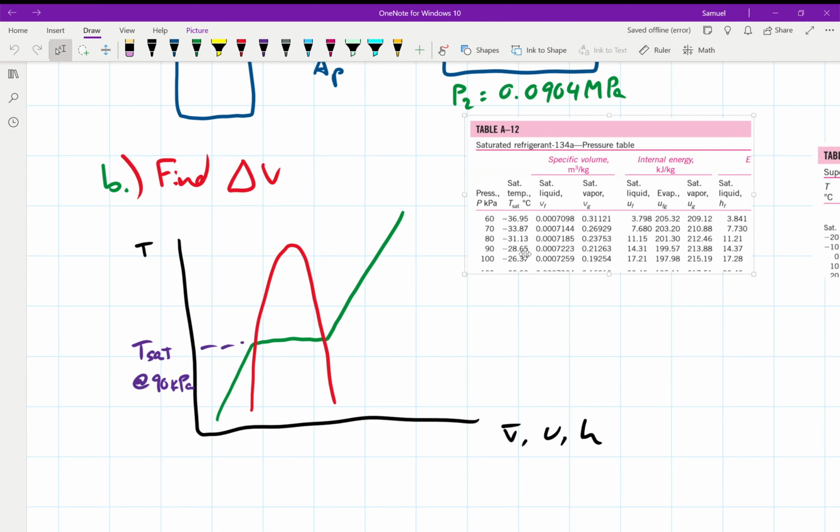And what we're seeing is that our temperature, either negative 10 or 15, our initial or our final temperatures, are greater than that saturation temperature, which we can see from our table for 90 kilopascals is negative 28.65 degrees Celsius. And since our temperature is greater than the saturation temperature, we know that our substance is superheated.